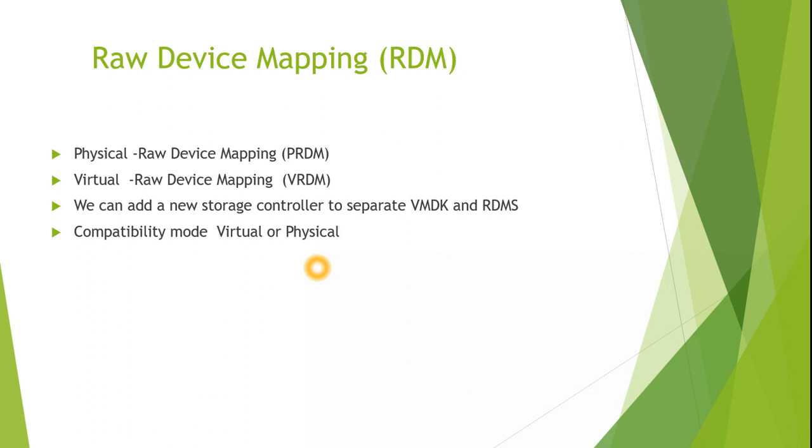What we are doing here is we are eliminating the ESX host. We are not actually attaching to the ESX host. We are actually attaching the physical RDM, raw device mapping, to the guest operating system. So we'll see it in our demo when we go through the demo.